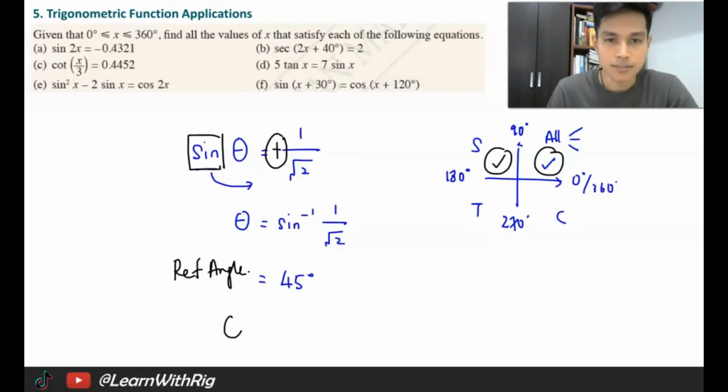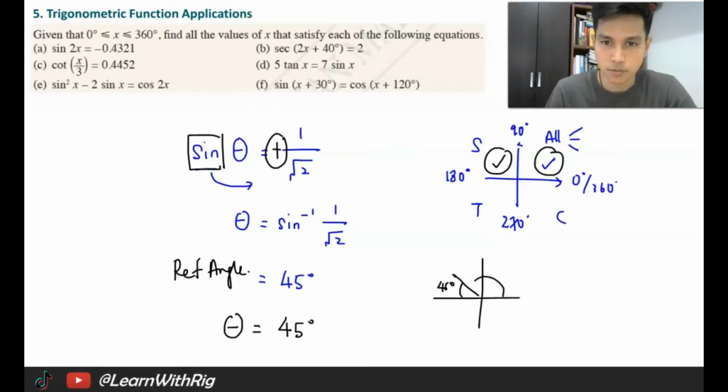So the real answer is, since it is in the first quadrant, you can use back 45 degrees. But if it's in the second quadrant, second quadrant means here, you see, with 45 degrees. So you want to find what?